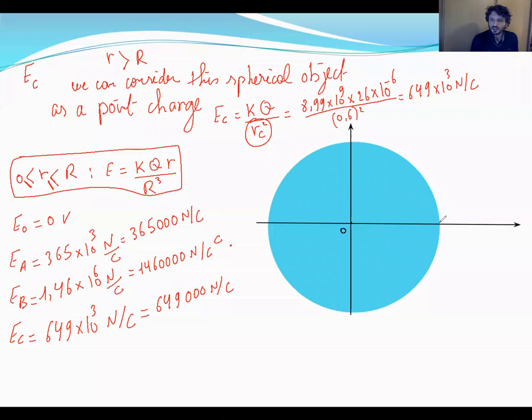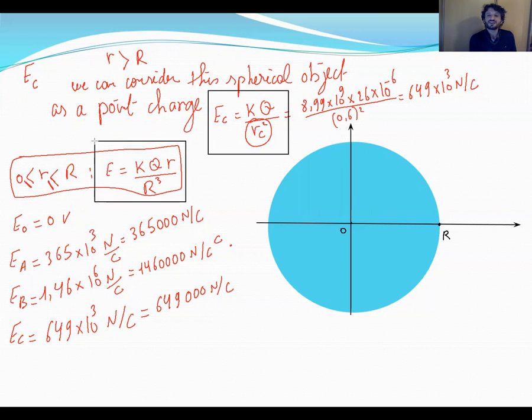Between 0 and capital R, this is the relation between E and R. Here we have E, and here we have R. The relation between them is E equals KQR divided by R cube. The relation between E and R is linear.